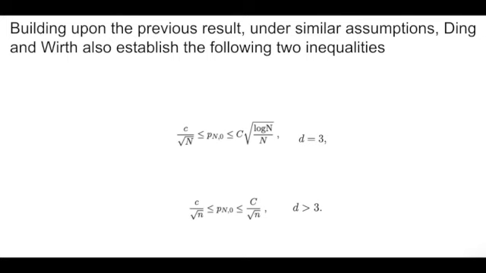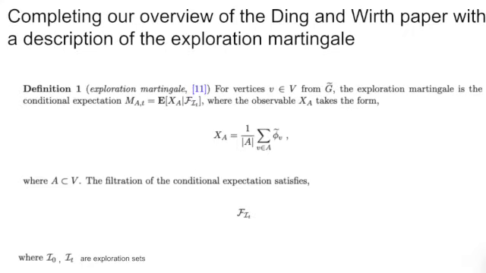And we can complete our overview of the Ding and Wirth paper with a description of the exploration martingale. The exploration martingale is another object that they make use of and describe, which allows them to obtain the precise estimates for the percolation probabilities across the critical h equal to 0 threshold of the metric graph Gaussian free field, in addition to the upper bound for the percolation probability across an arbitrary height threshold h.